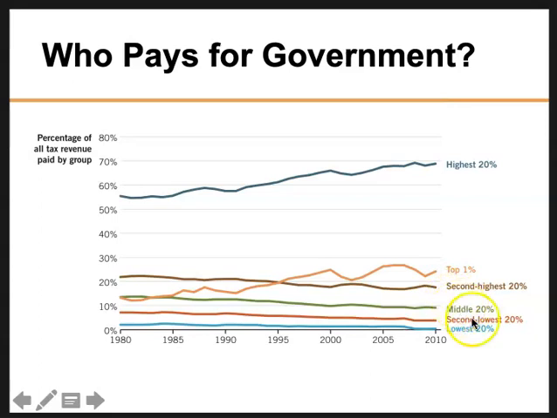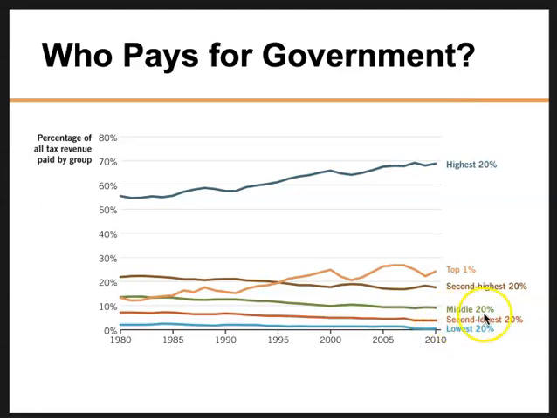Now when we look at the poorest group, the poorest 40%, which means the second lowest 20% and the lowest 20%, together they paid about 4% of federal tax in 2010, which is about $120 billion.